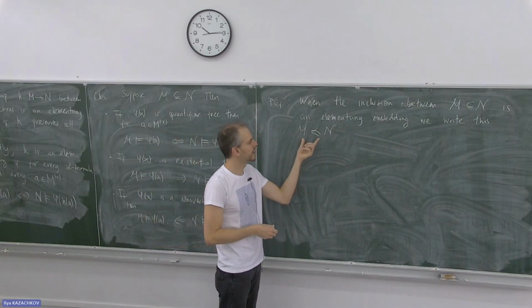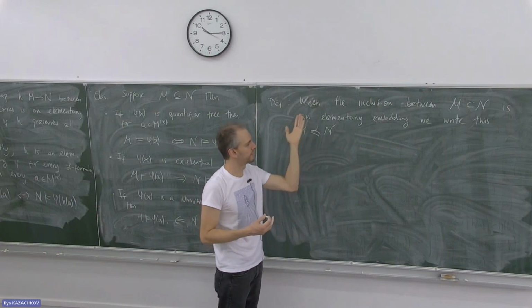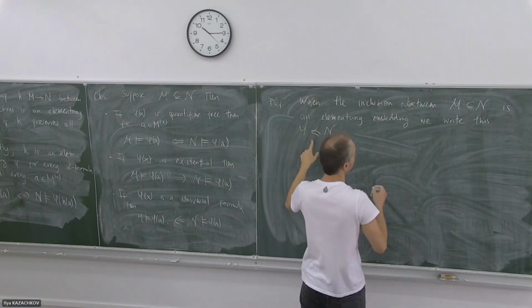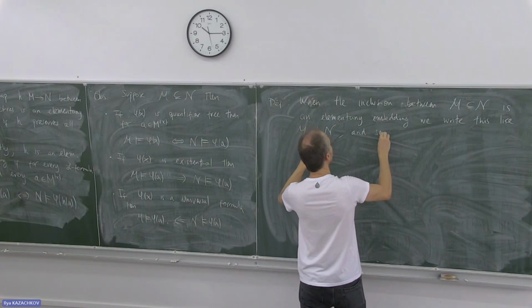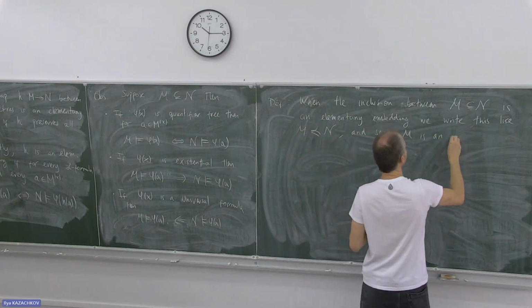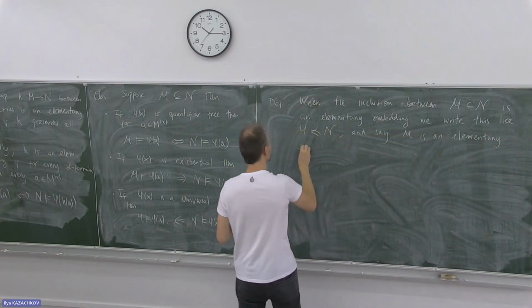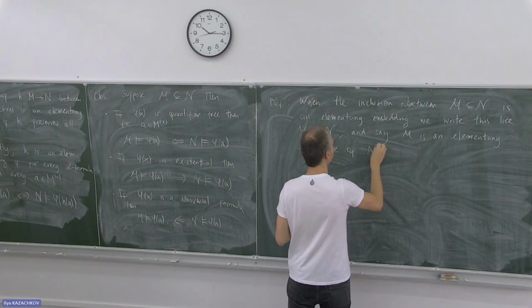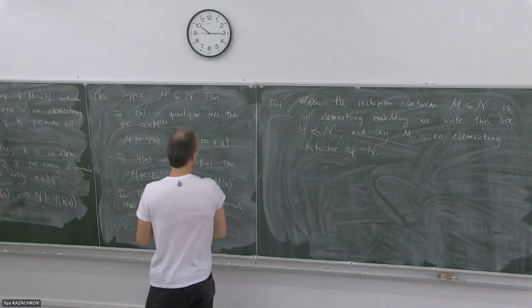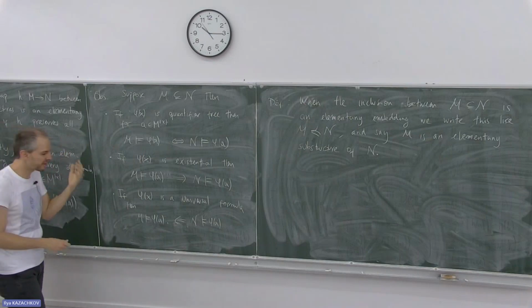This is just to express that I'm not only a substructure, but I am an elementary substructure, or just saying that the inclusion is an elementary embedding. We write it like this and say M is an elementary substructure of N. Okay. Now, notice that this is a pretty strong condition between two structures. Let me give you some examples of this.